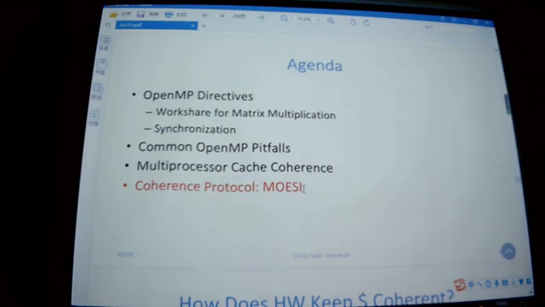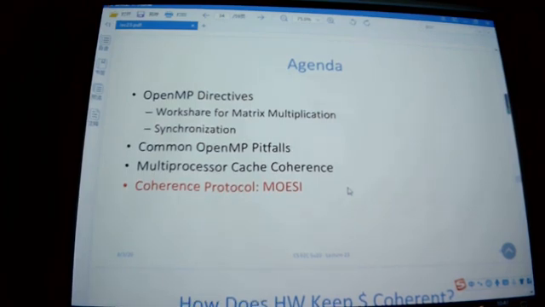Protocol is also used in computer networks. Yes, you have studied the course on computer networks. Yeah, so we can see a protocol is a rule. We must obey the rules.